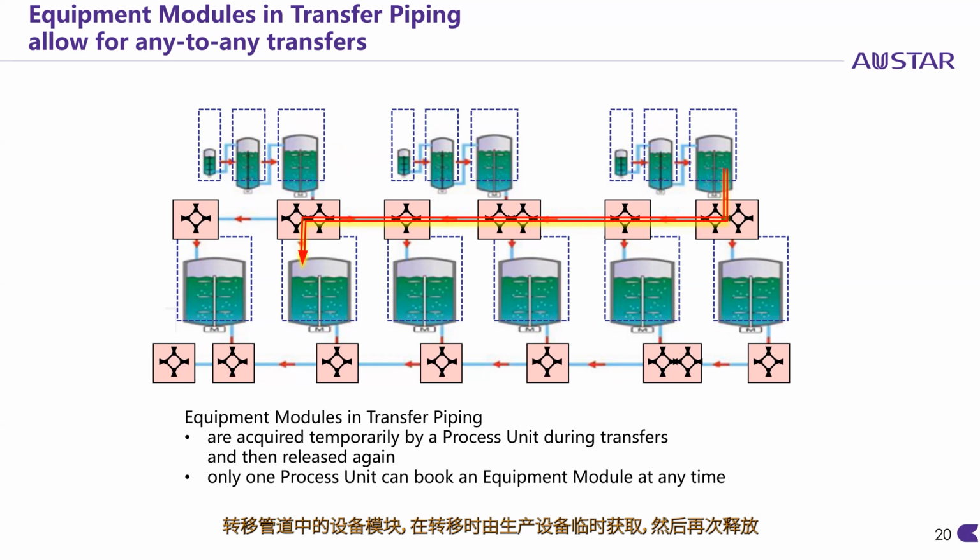And during this time of this transfer, they will belong to one process unit. They will be added to the list of equipment modules of one process unit, and at the end they will be released again. And an equipment module can be booked by a process unit only by one at any time. So with this we can organize the transfers.